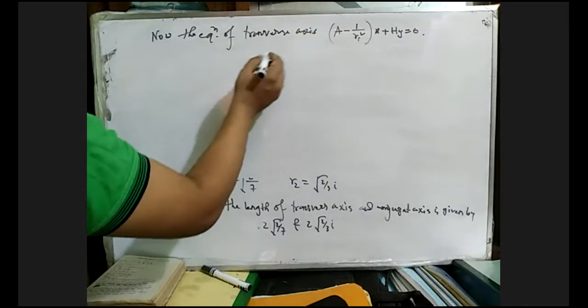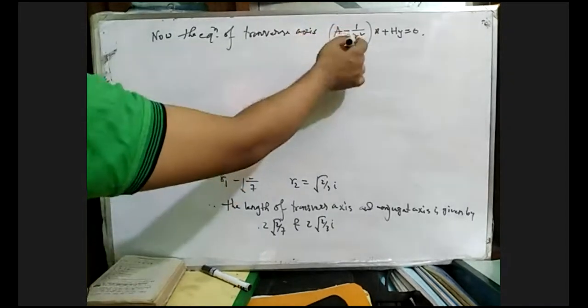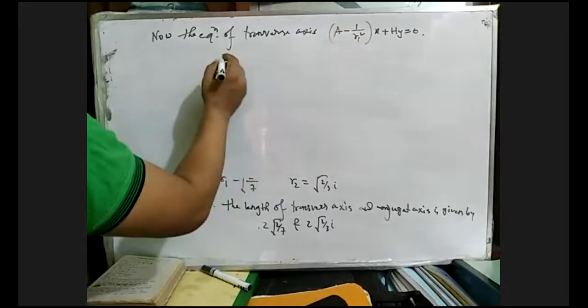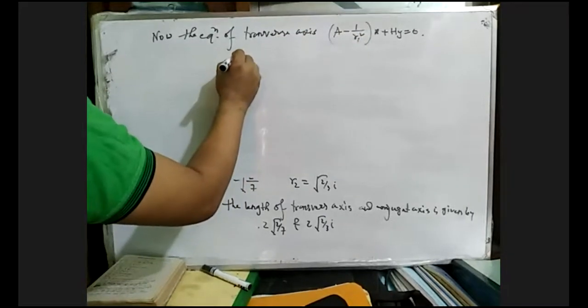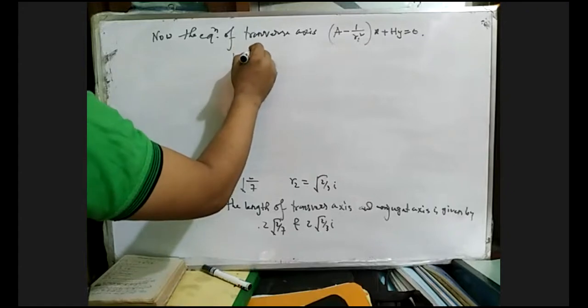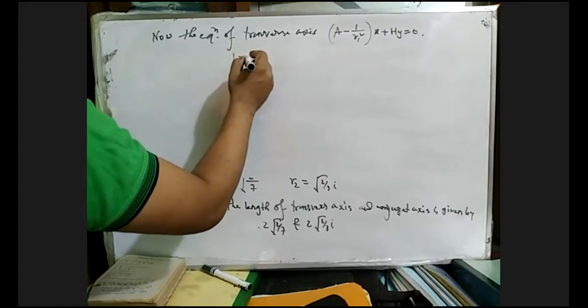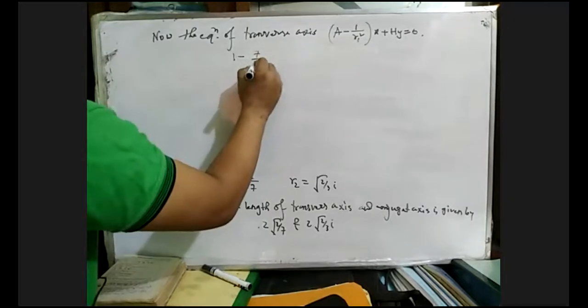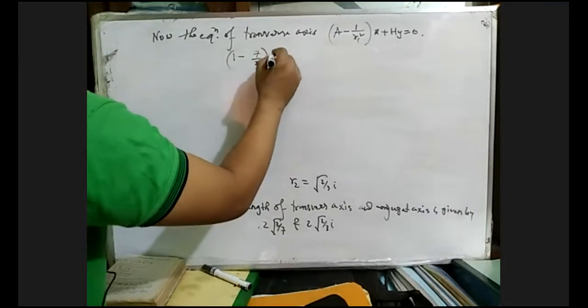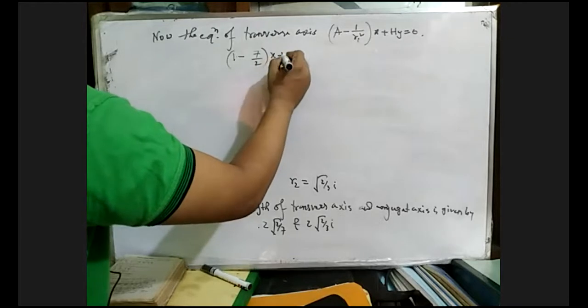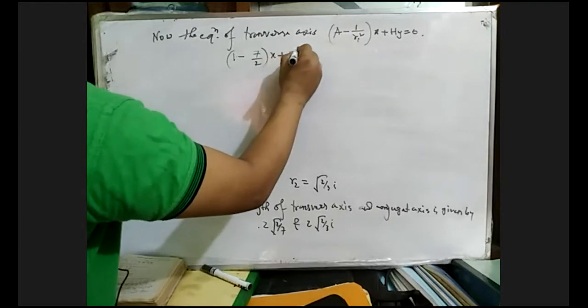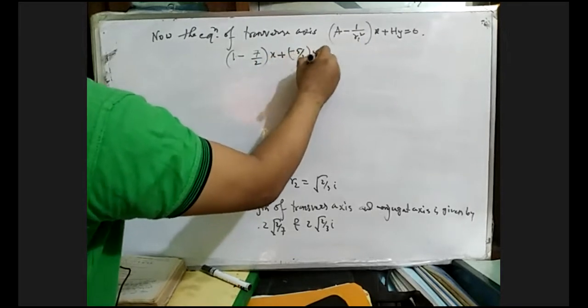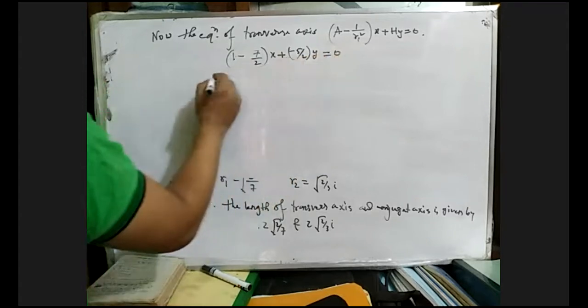Just putting the values of r1 and a. A means what? A equals 1. 1 by r1 squared means what? 7 by 2 into x. A's value, minus 5 by 2 y equals 0.